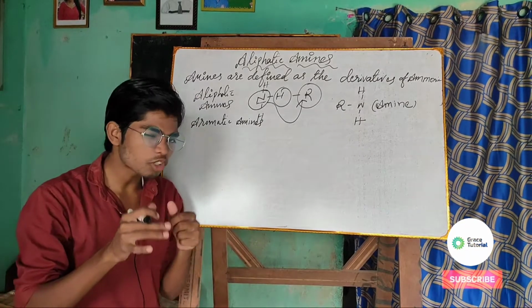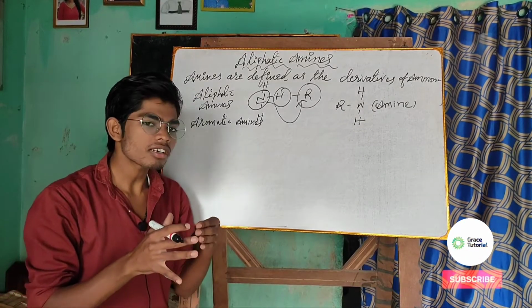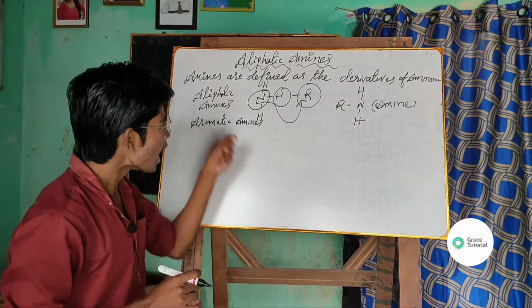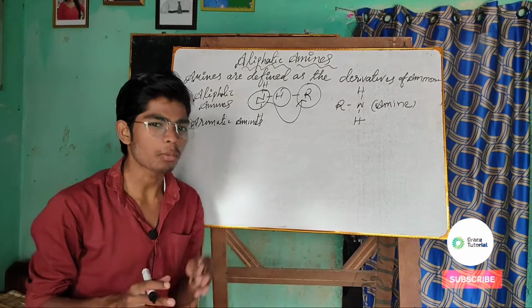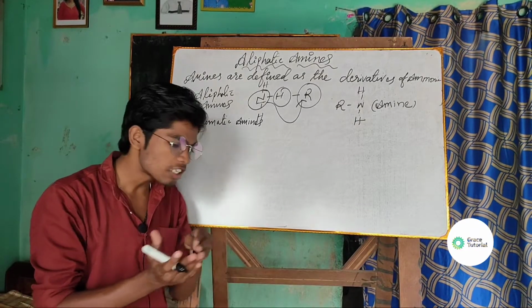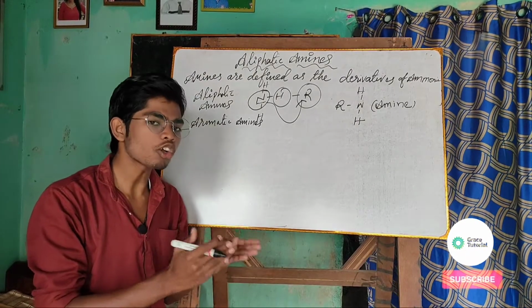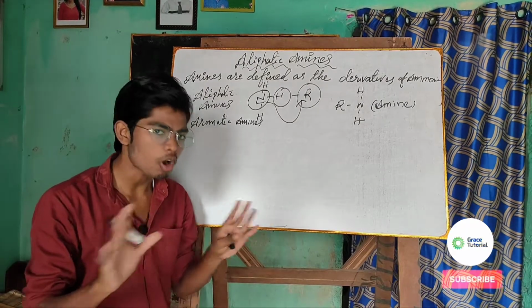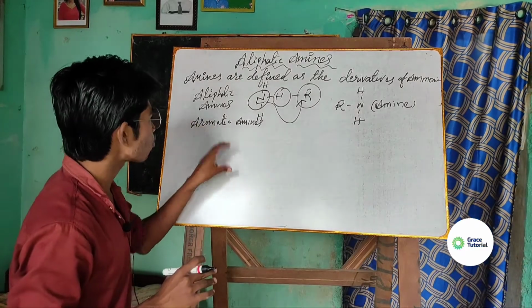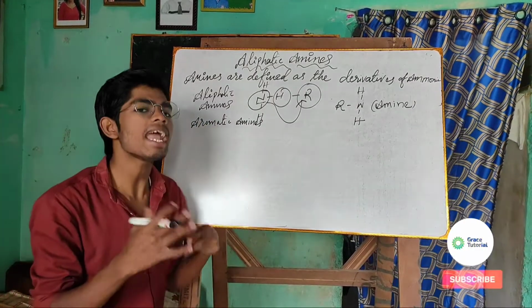Let me make you very clear. Here we are studying about amines. But what is this amine? Amines are defined as the derivatives of ammonia. That means when one hydrogen or more than one hydrogen is replaced by the alkyl group or aryl group, then amines are obtained. So these amines can be of various types. It can be aliphatic or it can be aromatic.